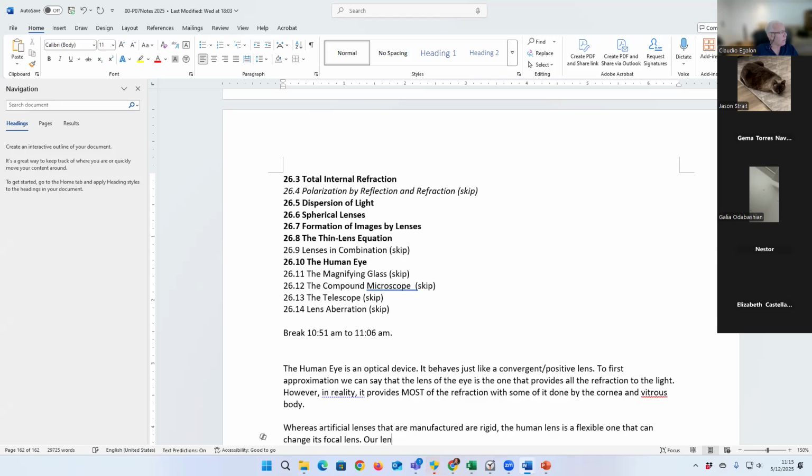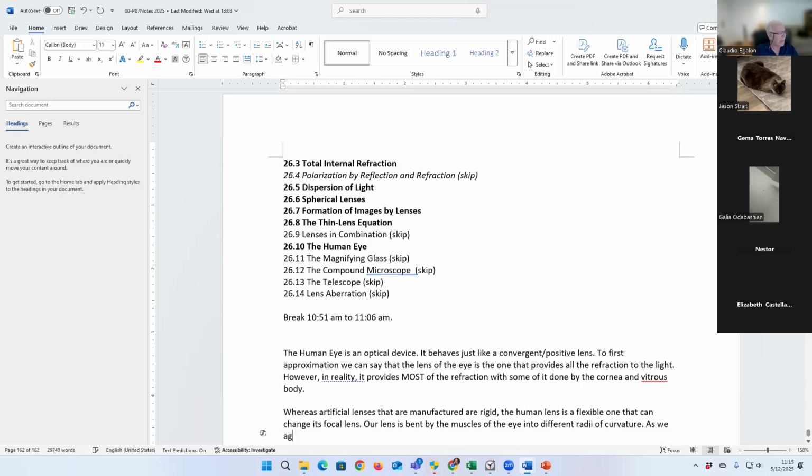Our lens is bent by the muscles of the eye into different radii of curvature.